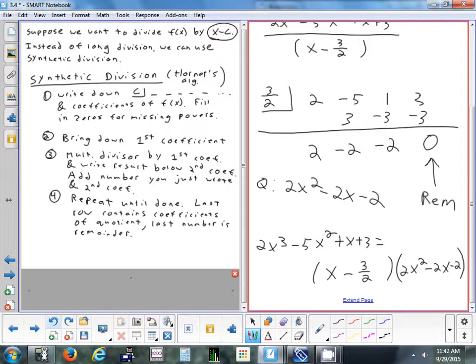Wait a second. So like how it's like 2, -5, 1, 3. The numbers beneath it. In order to find it, you just plug it into that certain one. Like you show, for example, how you got that 3 below the -5. So you take 3/2 times 2.